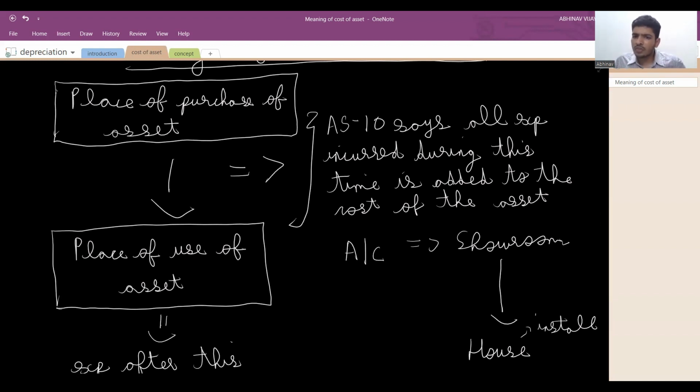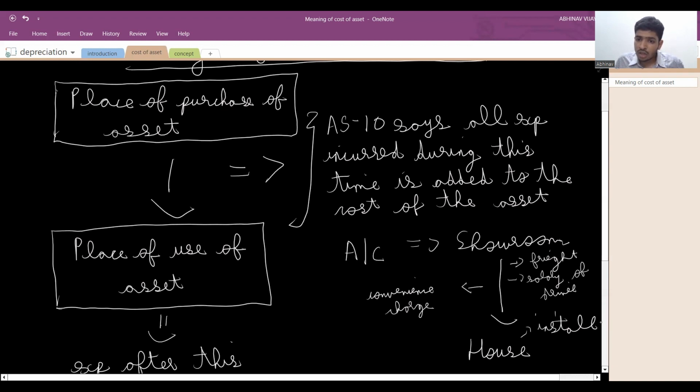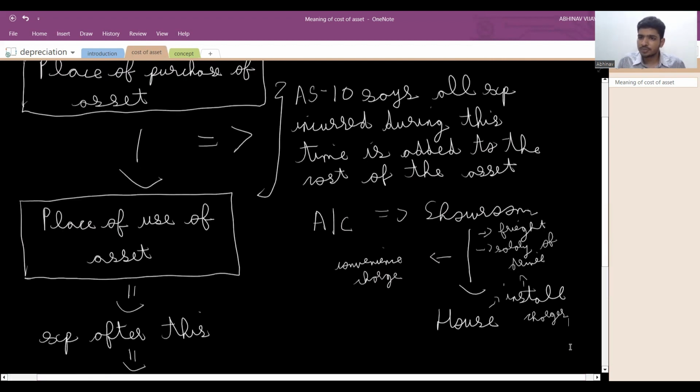So, in order to bring it from the showroom to the house, the sellers incur freight, that is traveling cost. They incur salary of the driver. Correct. They incur convenience charge. Then the installation charges.